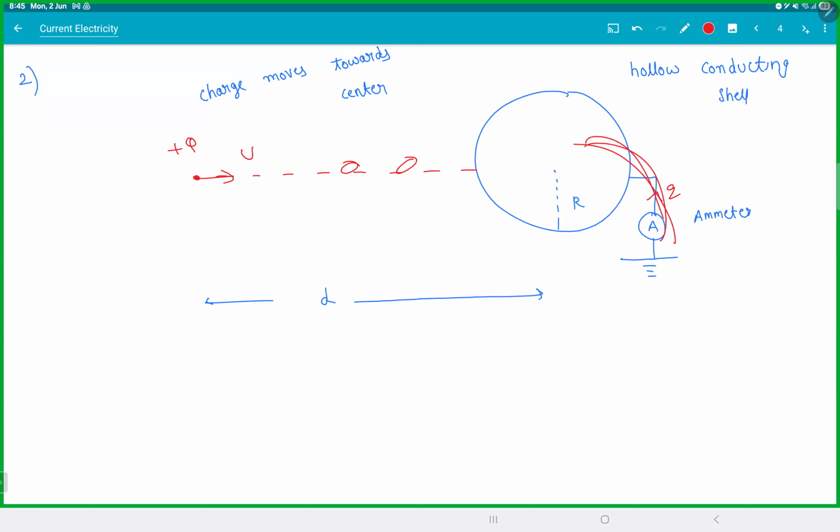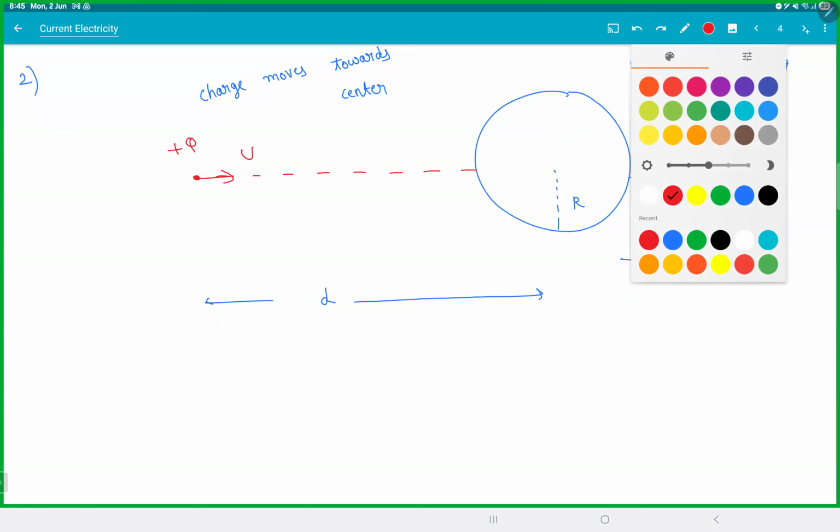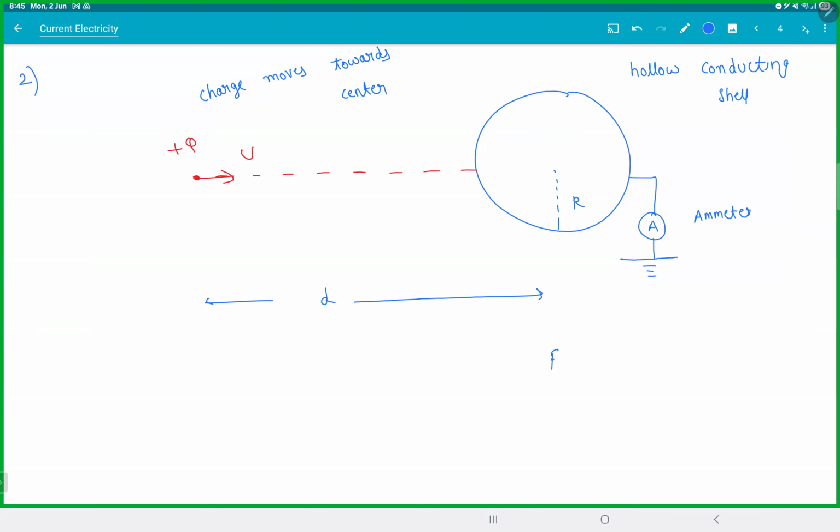And if the charge is flowing, doesn't it mean there is a current in the ammeter then? Find the current at this instant. Gauss law and current electricity.